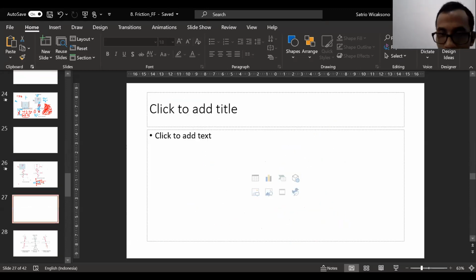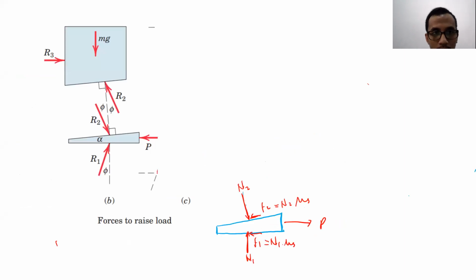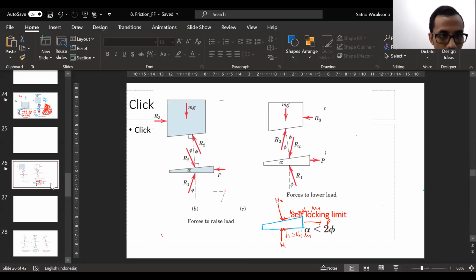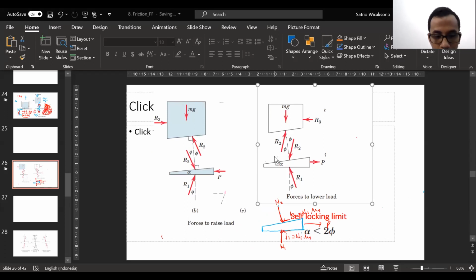I think let's just draw it in the new slides. Now I want to tell you guys about the self-locking mechanism, right? When we discuss about it, I think it should be the copy from this.